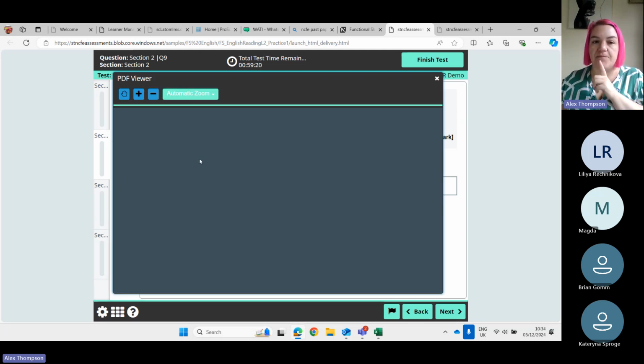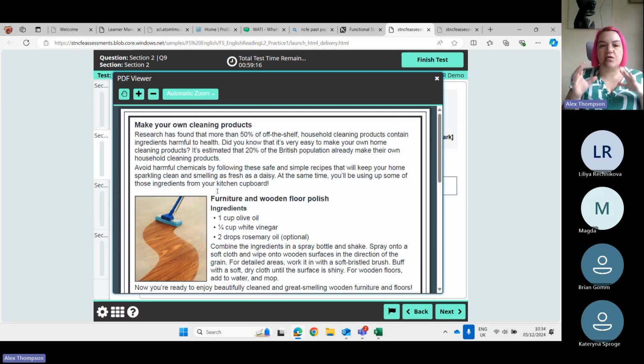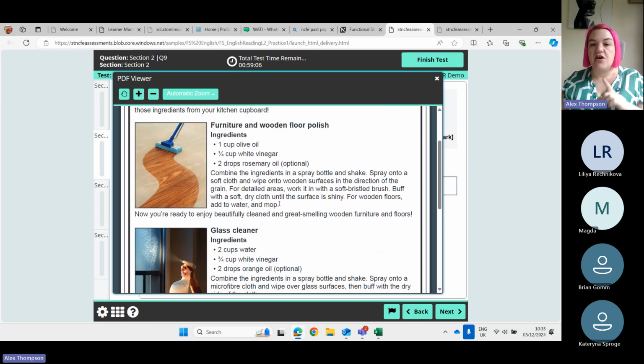section? Now, this particular piece is telling us all about how to create and use environmentally friendly cleaning products. Even if you don't have a dictionary, you can still use what we call context clues to try to find another word. We've found the word buff.